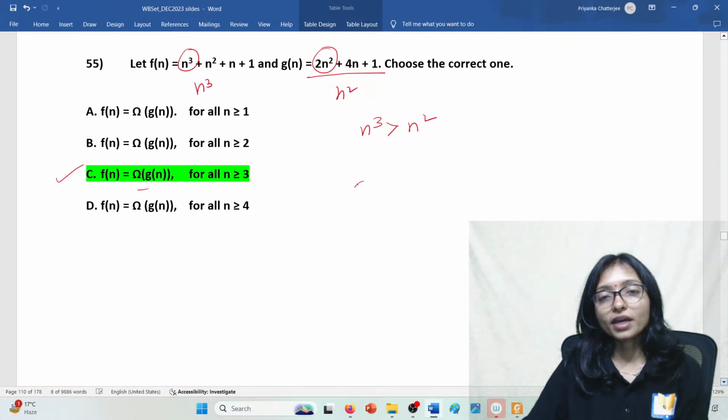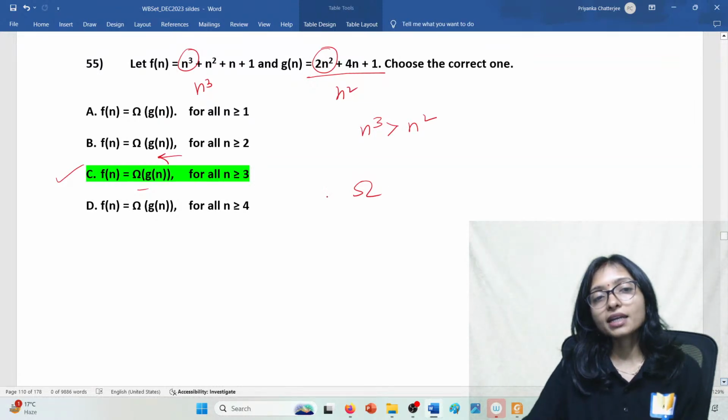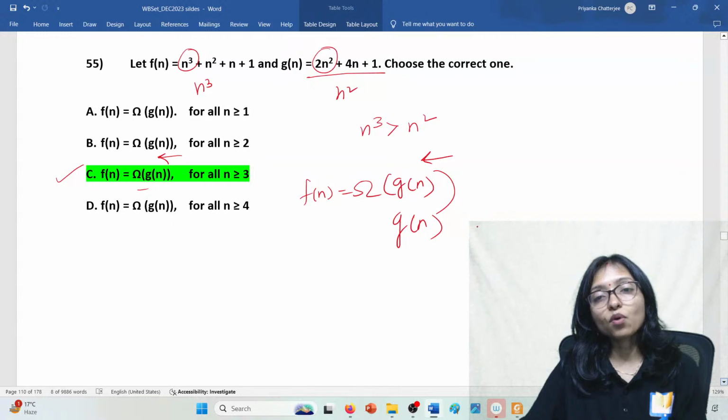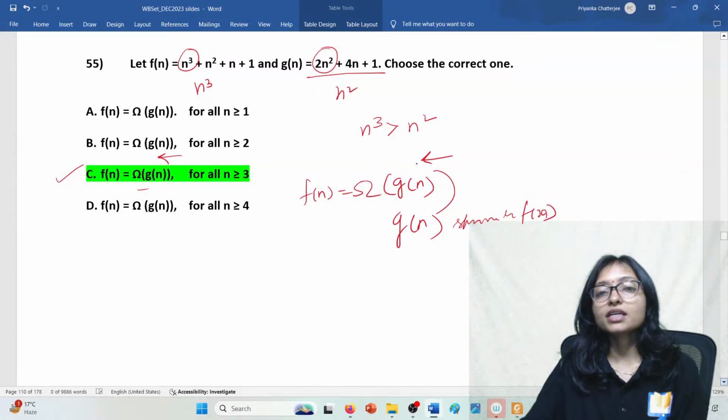Whenever you are writing omega, you have to read from the opposite direction. It is given f(n) equals omega of g(n), which means you have to ask yourself: is g(n) smaller than f(n)? Yes, g(n) is smaller than f(n), because g(n) was n square and it is f(n), right?